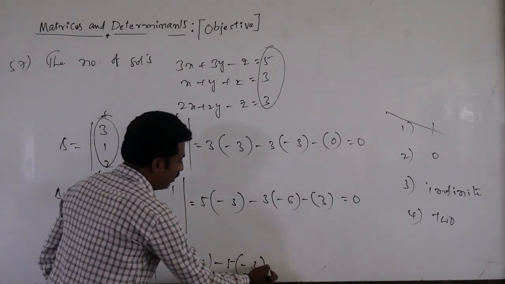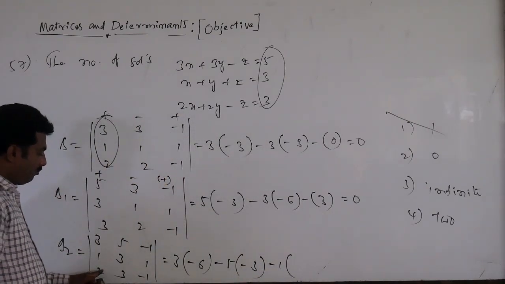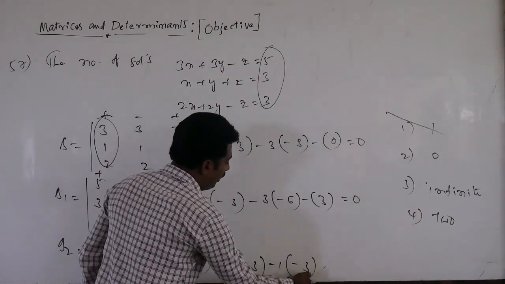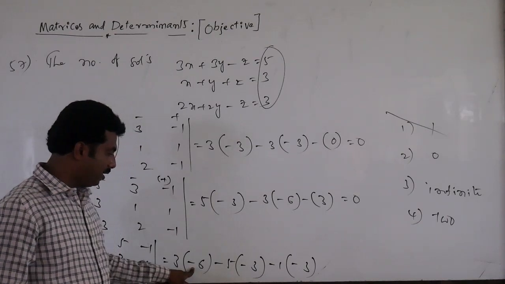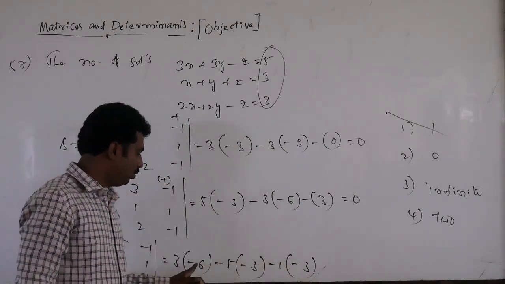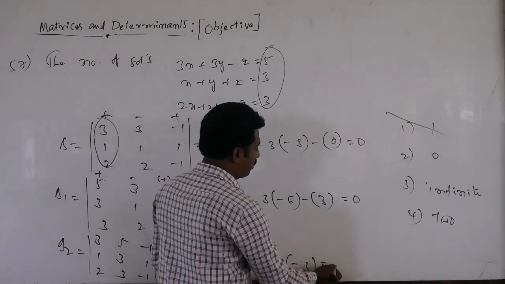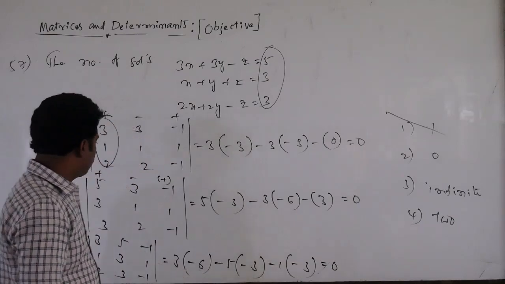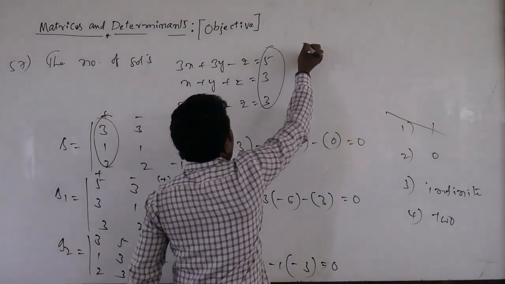Then minus 1 into, closing this column and this row, 3 minus 6, which is minus 3. So this is minus 18, minus 18, plus 15, plus 3. So minus 18 plus 18 is also 0. So delta 1, delta 2 are all 0. We will see once delta 3.